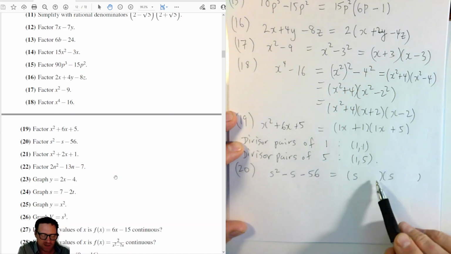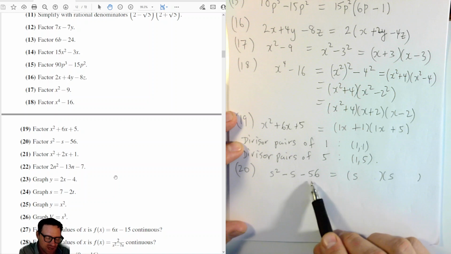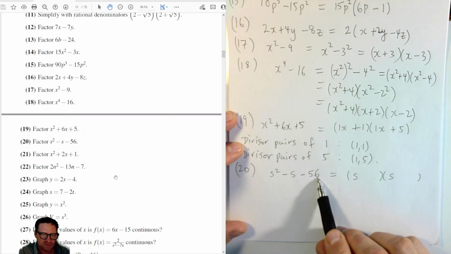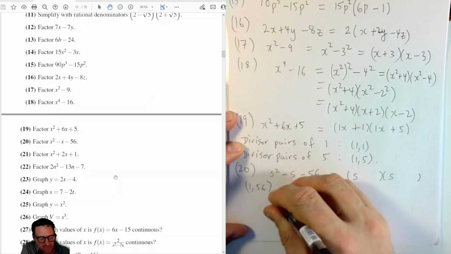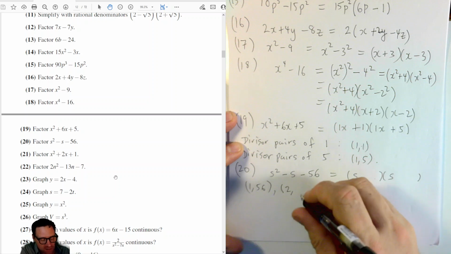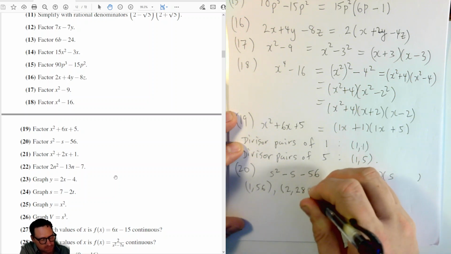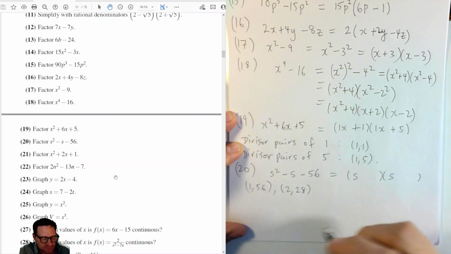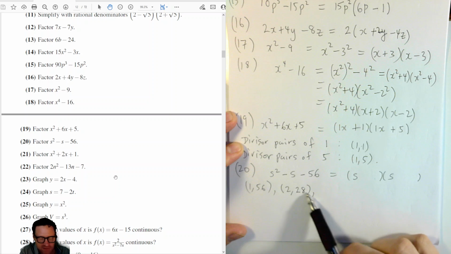Now we have to decide what integers to put here and here. So to do that, we list our divisor pairs of 56. So we have 1 and 56, or we have 2 and 28, since 2 times 28 is 56. Then this is 7 times 4, isn't it?